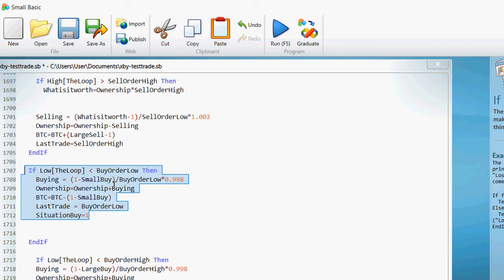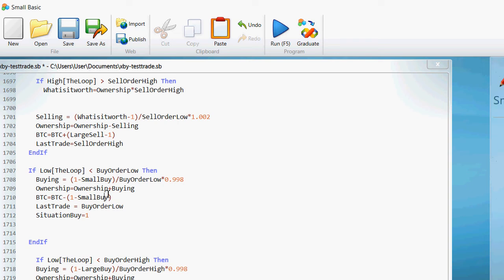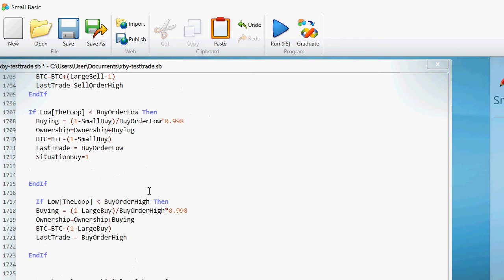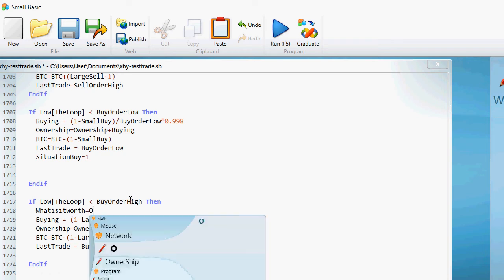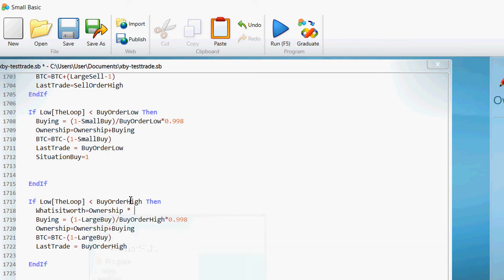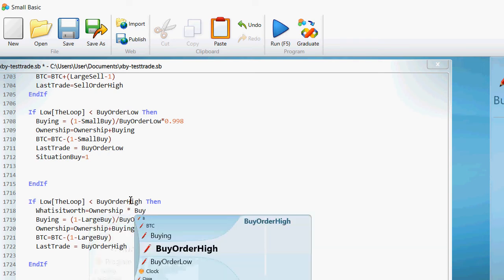So I'm going to probably want to do the exact same sort of thing that I did with the buy order high. So let's go in here, and what it is worth is equal to, well, if I just copy and paste it, it would have been the same, but not really, ownership multiply buy order high.